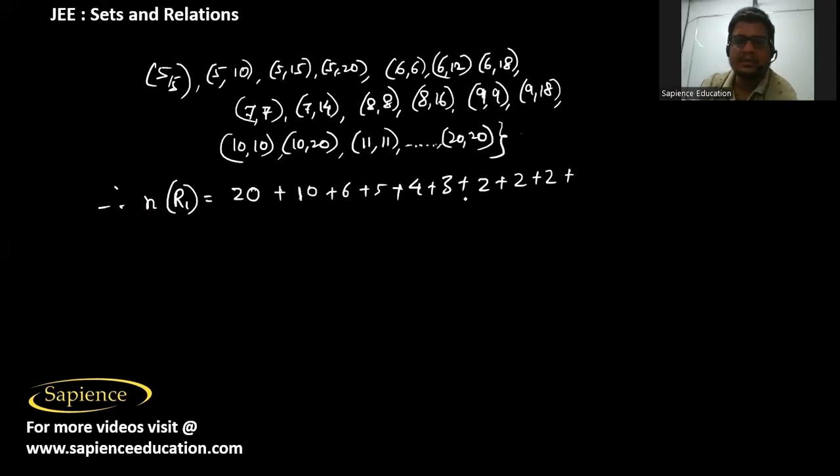So this is 7, 8, and 9. And 10 is also the pre-image in 2 elements.